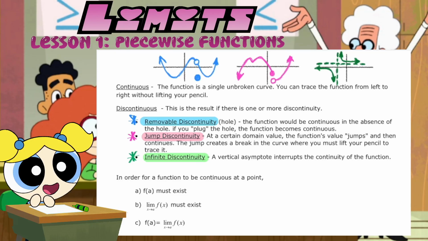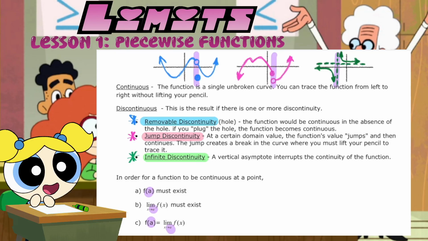So, in order for a function to be continuous at a point, first and foremost, f of a exists. We're all going to pretend that a is the value where our graph is having its little moment, its little discontinuity. So there's a, there's a, there's a. You get me?